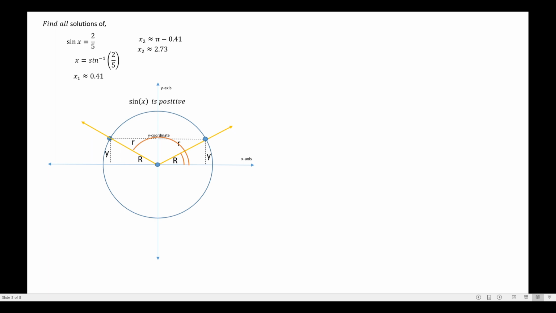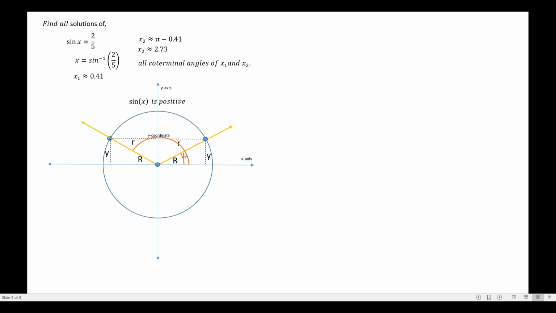So those are the values of x sub 1 and x sub 2 in the first quadrant and the second quadrant. But remember, there is no restriction in this problem, which means we will consider all coterminal angles of x sub 1 and x sub 2. So in short, we can consider one revolution after. So if this angle here, the first value is 0.41, after one full revolution, that's 2 pi or 360 degrees.